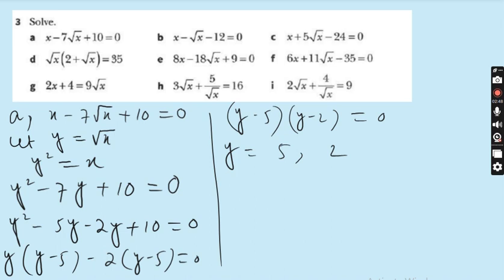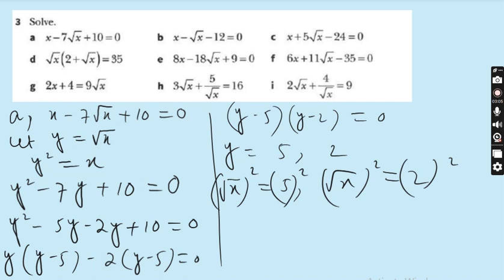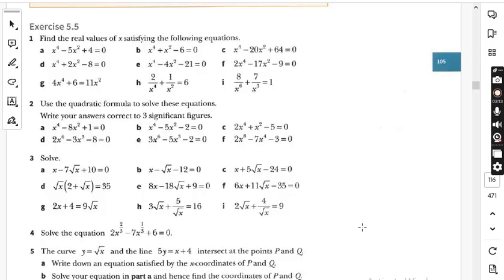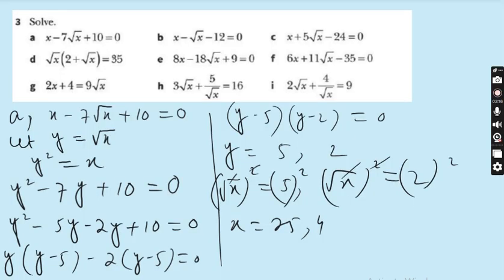What is y? Root x. So root x is equal to 5 and root x is equal to 2. Taking square on both sides, the square cancels the root, so x is equal to 25 and 2 square is 4. So 25, 4 is our answer.